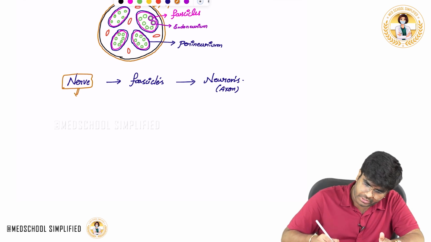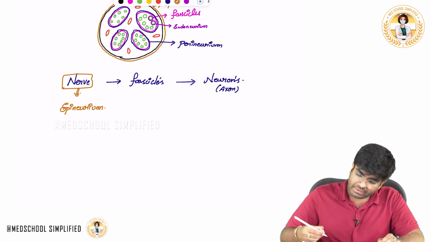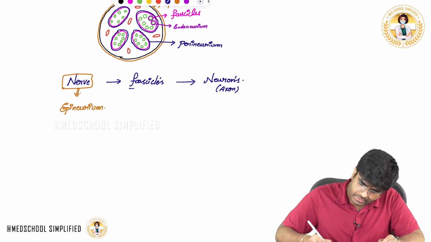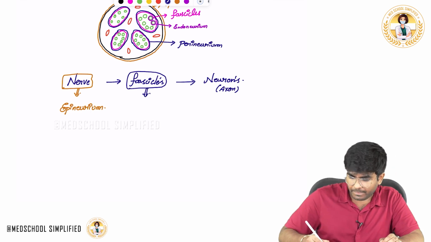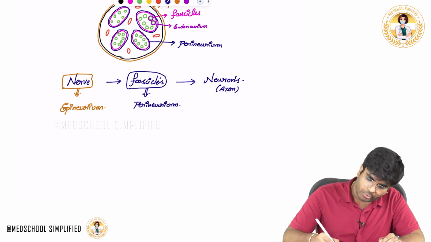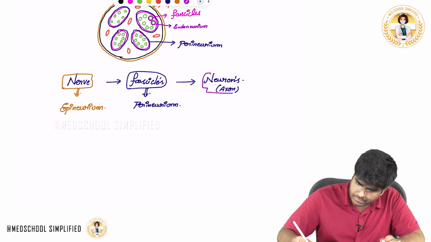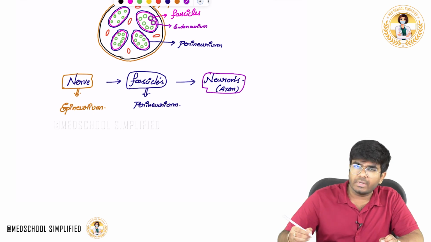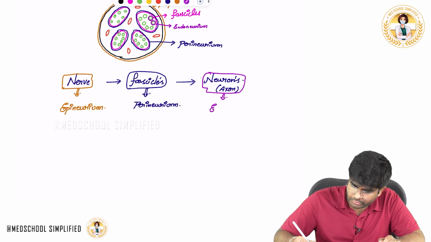This connective tissue sheath is called epineurium. Next, the fascicles are covered by perineurium. And last, the neurons. Each and every individual neuron is covered by a connective tissue sheath called endoneurium.